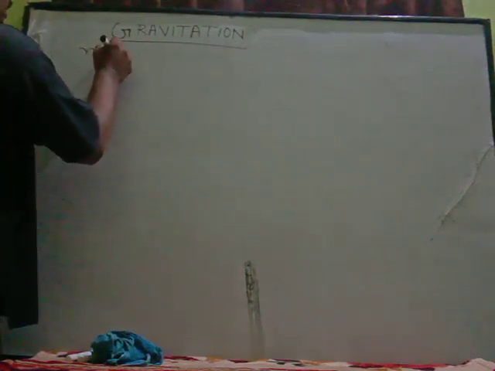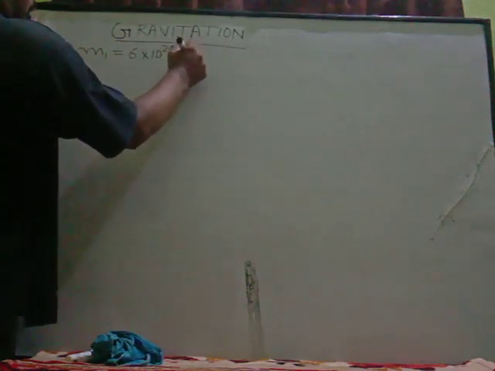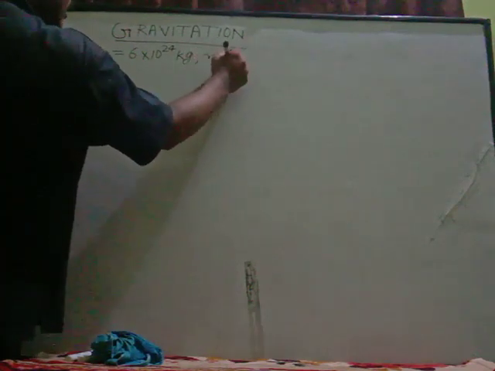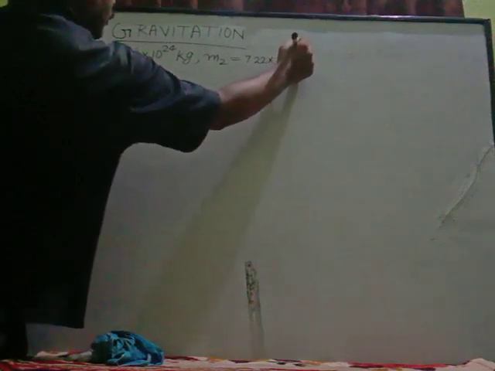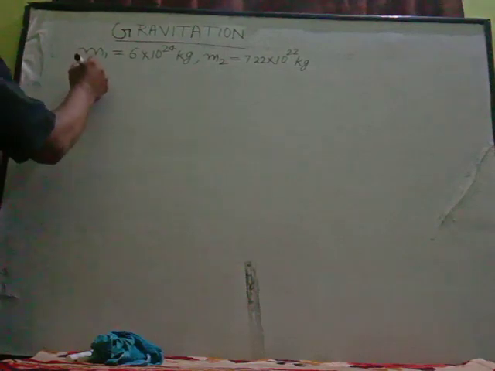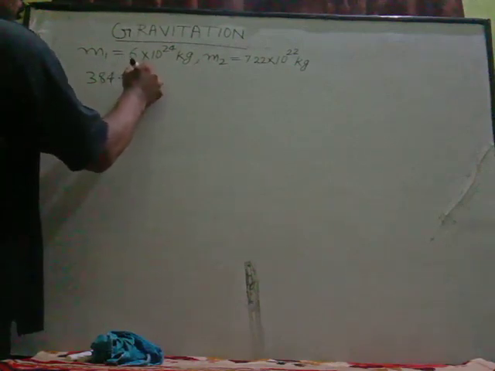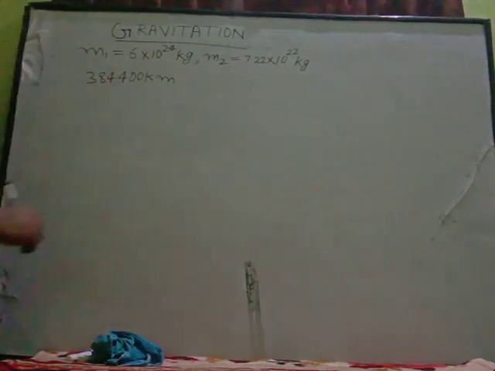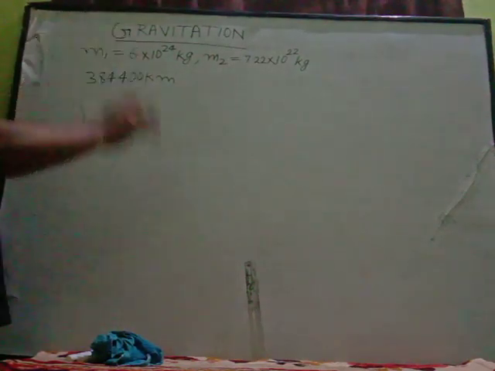Suppose one of the objects is the earth, and the other object is the moon. And the distance between them is how much? 3,84,400 किलोमीटर. Somewhere we take 3,84,000 kilometer.